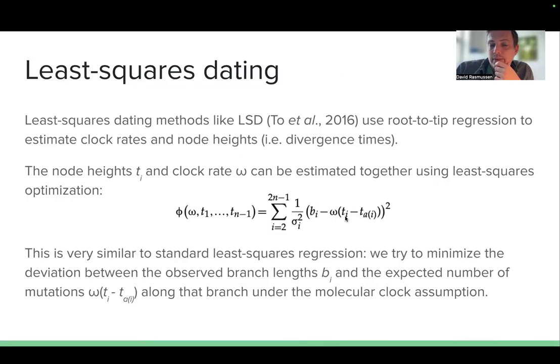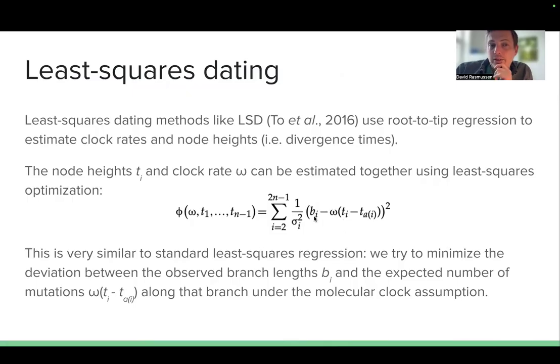So T_i would be the time of a child node, and T_a(i) would be the time of its parent node. The difference between those two times would basically give us the branch length separating two nodes in the tree. And if we multiply that by the molecular clock rate, that would give us the expectation for how many mutations would occur along that branch, which we can then compare to the actual observed number of mutations.